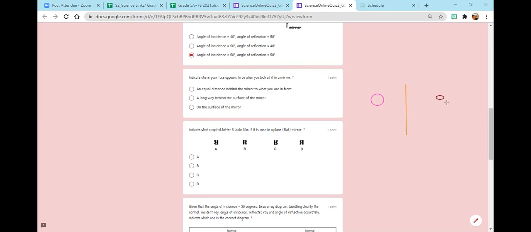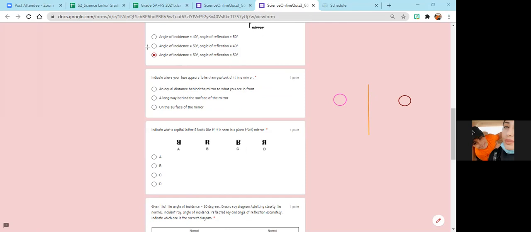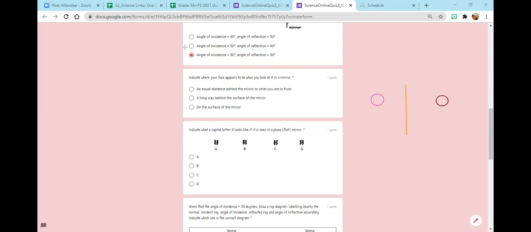And this is the image of Malak's face in the mirror. Which one is the correct answer? Where should the image of your face appear? A long way behind the surface of the mirror.